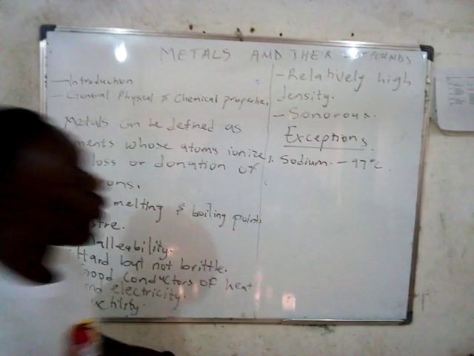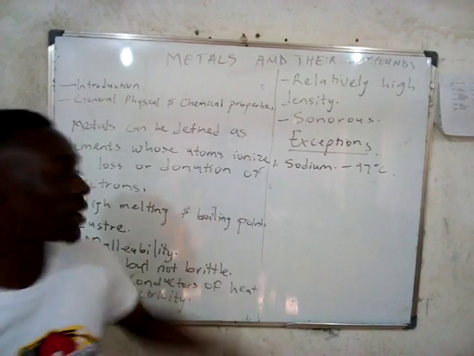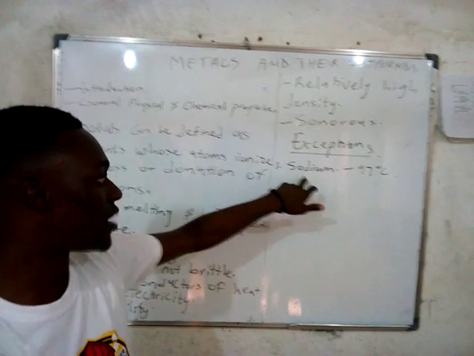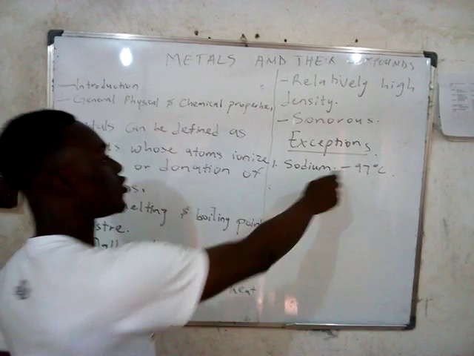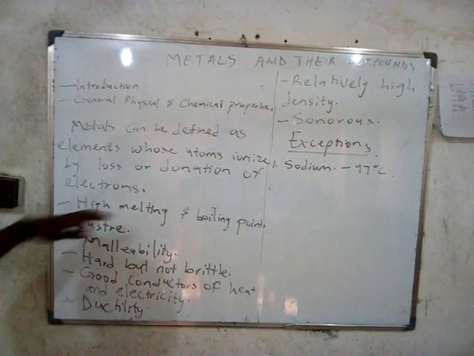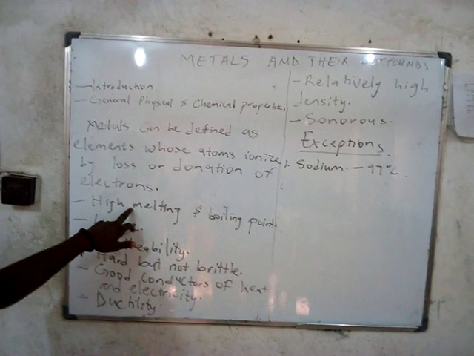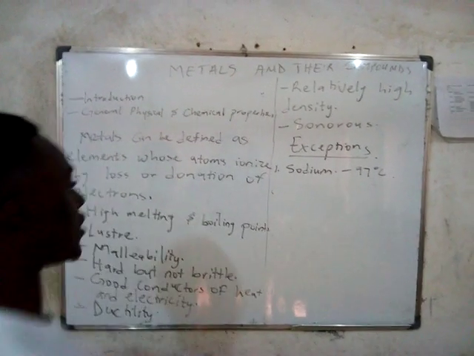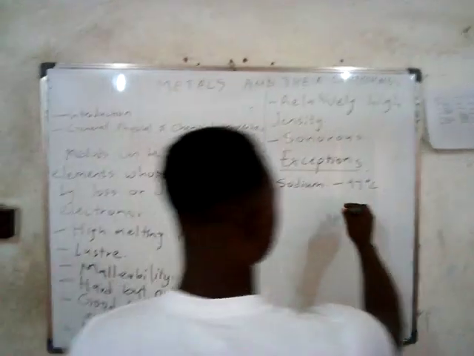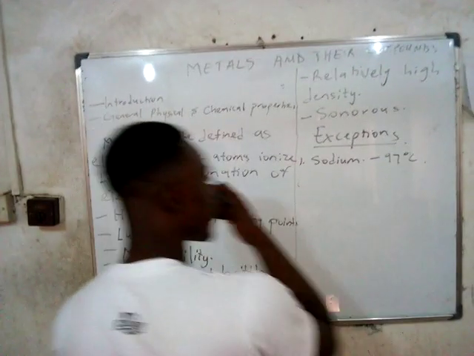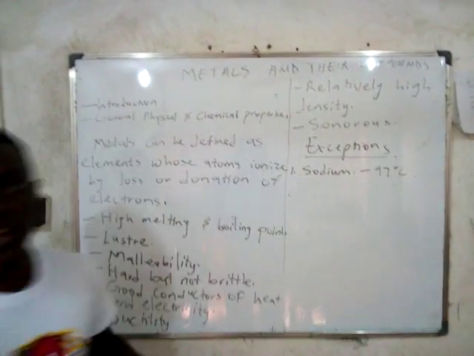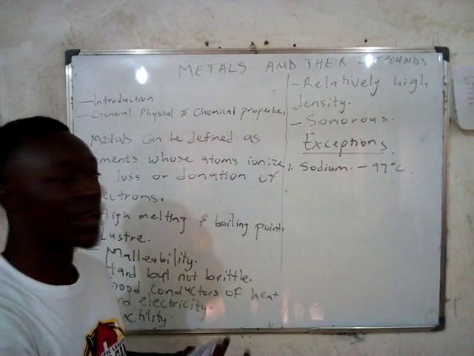Now this is lower than the boiling point of water, so it's relatively low, and at this temperature sodium will melt. So it goes against the property that says metals have relatively high melting and boiling points. Then sodium also is not hard, it's actually a soft grayish metal. It's gray in color and it's soft.